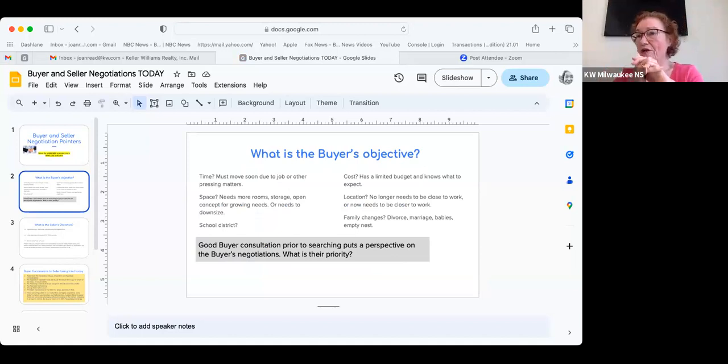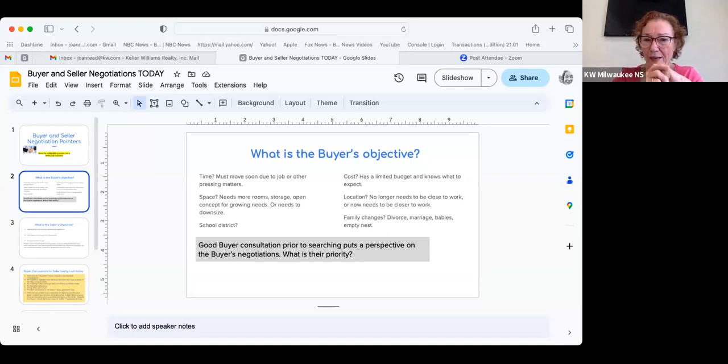You get to know your client very well in buyer consultation, in listing presentation and consultation, and you want to be able to understand where they're going, where they're coming from, what their objective is, how much money they have. All of those things lead you to be able to represent your client the best. So if you're going to negotiate for them, you need to know what they want and what their objective is.